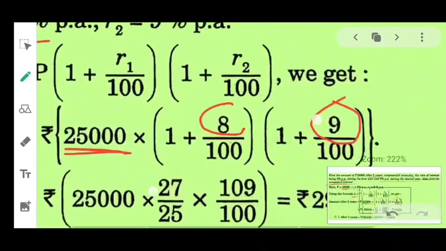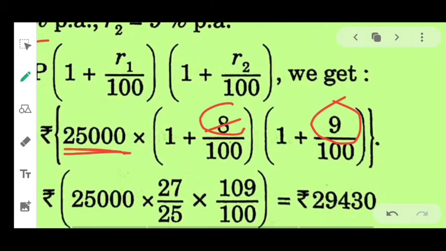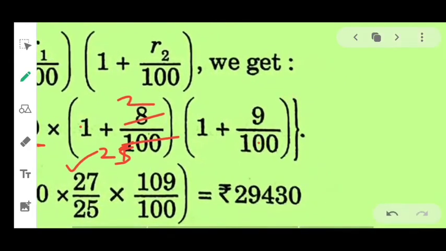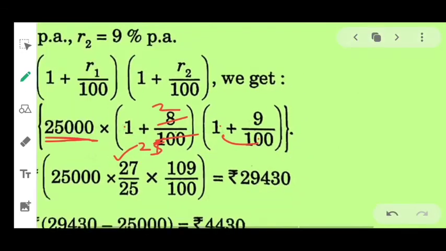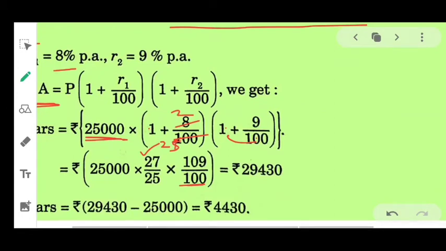So here this will be 4 twos are 8, this will be 4 into 25. So 25 into 1 plus 2, 27 by 25, and this will be 100 into 1 plus 9, 109 by 100. As you can see here, 25,000 into 27 by 25 into 109 by 100.